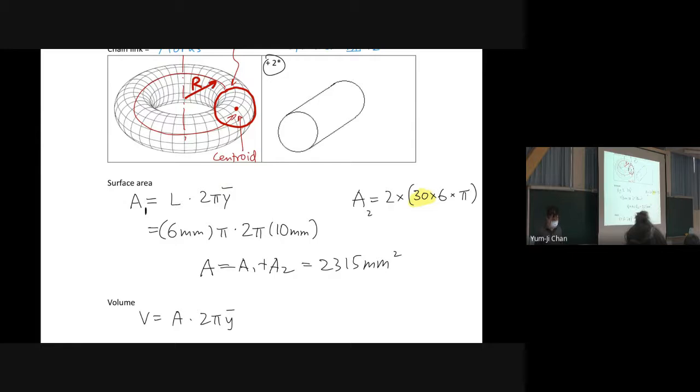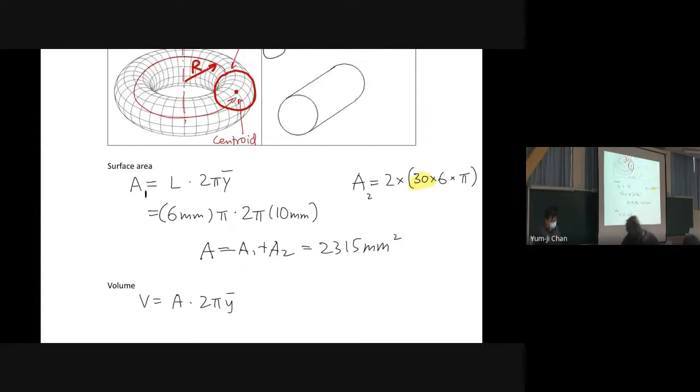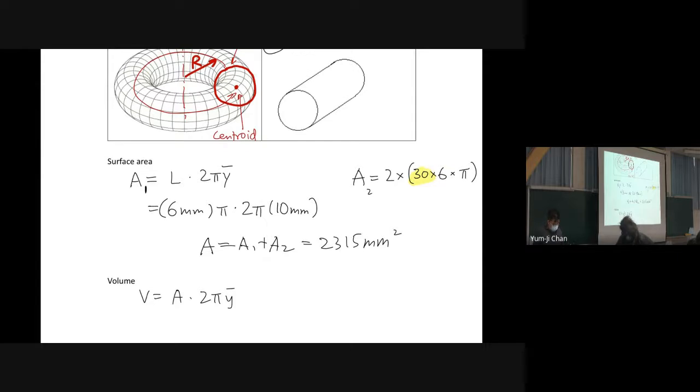Now, if we go to the volume, that is the generating area, and the distance traveled by the centroid. The generating area should be the whole area here, right? If this area travels for one revolution, we will get the donut shape. What is the area of this shape?